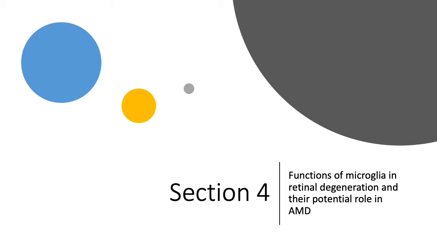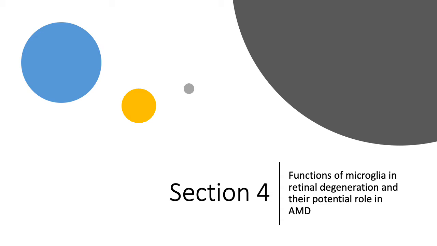So to summarize, it is quite apparent from these multiple models, the light toxicity model, the sodium iodate injury model, as well as the inherited retinal dystrophy model, that endogenous microglia have dominant access to the subretinal space and the most outer retinal layers in the degeneration context.